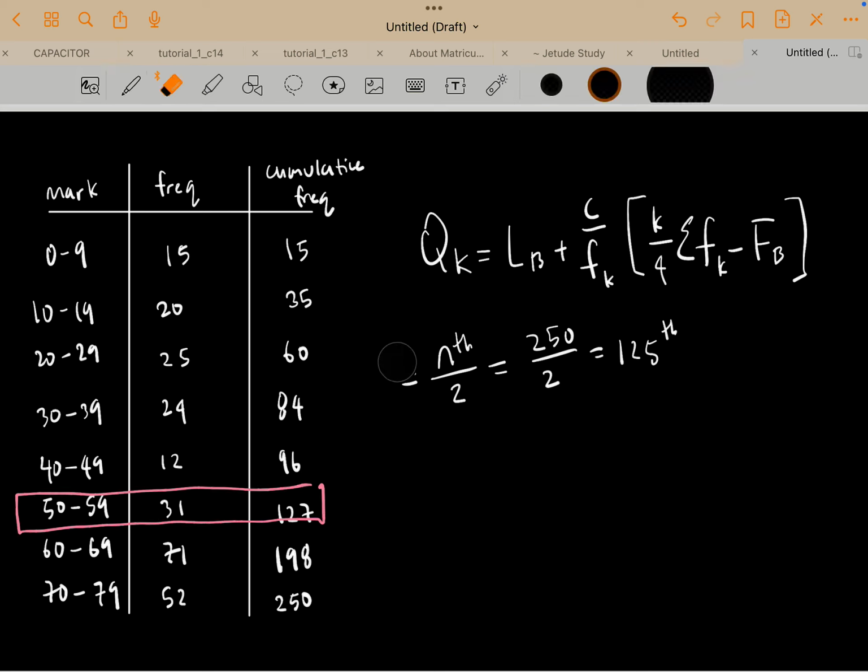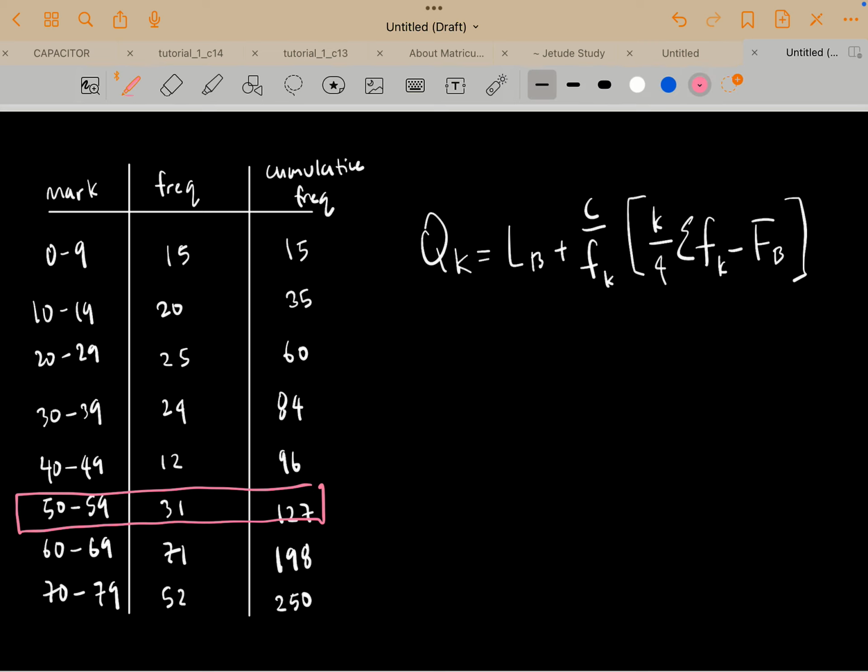Okay, so let's find the median. The median, Q2, is given by LB plus. LB is the lower bound. For the lower bound, we look at that particular data, and then take the average of these two lower bounds.